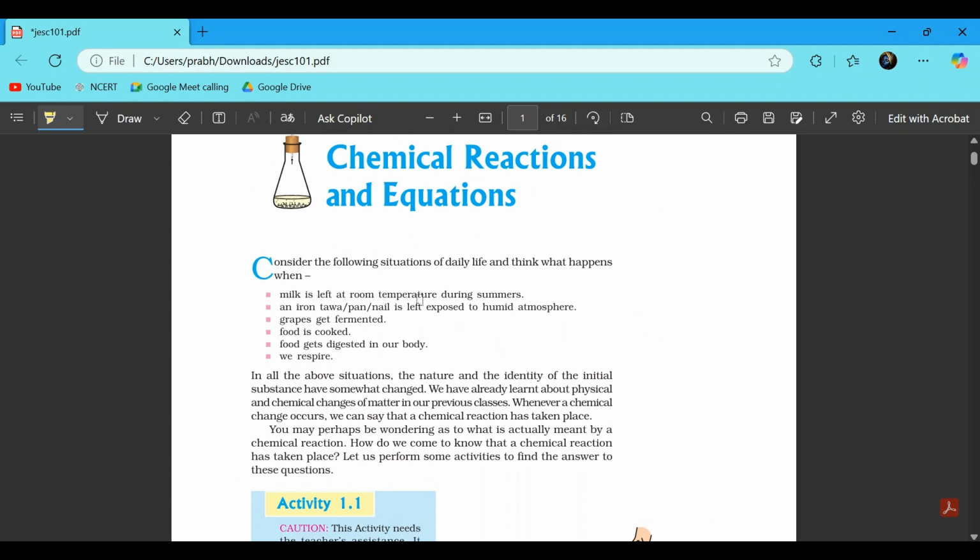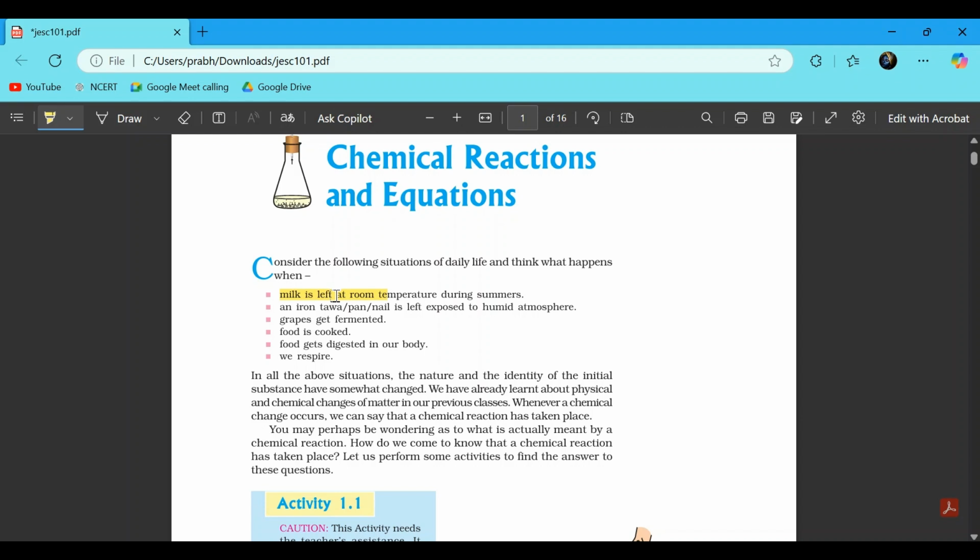But what happens when you leave milk out? It becomes sour in taste because of the reactions that take place. And when milk is converted into curd, there is bacteria called lactobacillus.